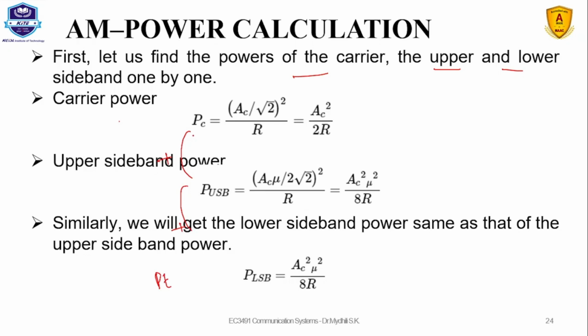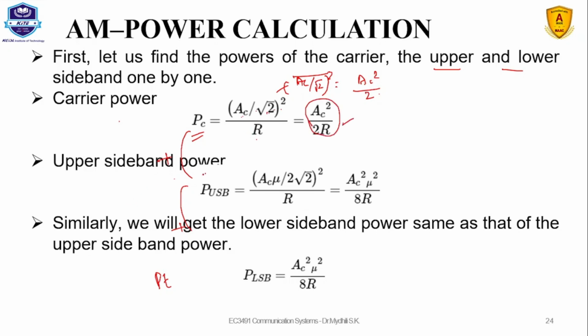So PC, in terms of V square by R, is nothing but Vc by square root of 2 the whole square by R. So when solving it, it becomes Vc square by 2. So here it is AC by square root of 2 the whole square, which means AC square divided by 2. Already here R is present. So it is AC square by 2R.